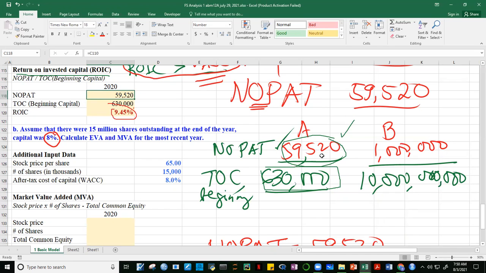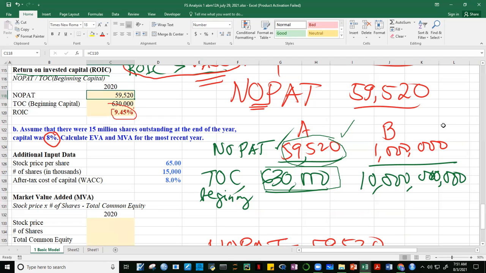So kung titingnan natin, from the surface, company B generated more NOPAT, therefore company B had a better performance. That's not true. Okay? That's not true. So if we're going to just nitpick on that measure, NOPAT, then we're in for a lot of trouble, guys.